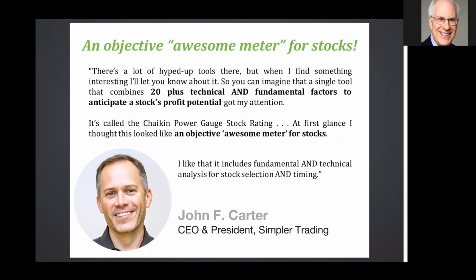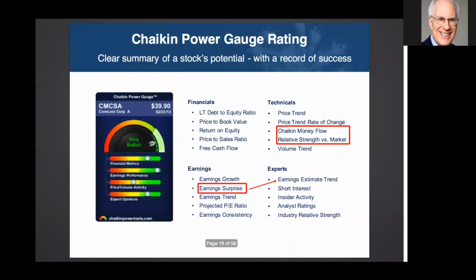So what was it about the Chaikin power gauge rating that got John Carter so excited? Well, it was this combination of 20 factors with a clear, proven record of success that indicates a stock's potential to outperform or underperform the market in time frameworks that are as short as a month or as long as 12 months, as we'll see.